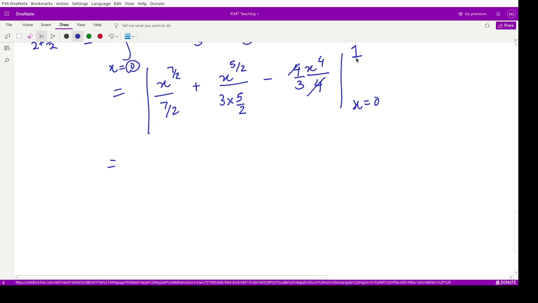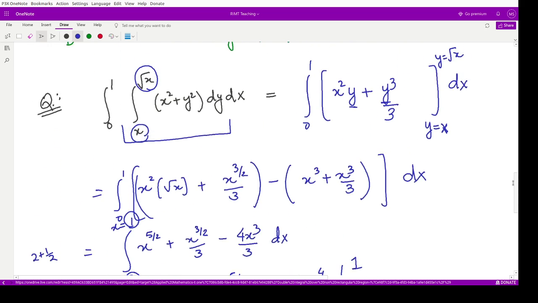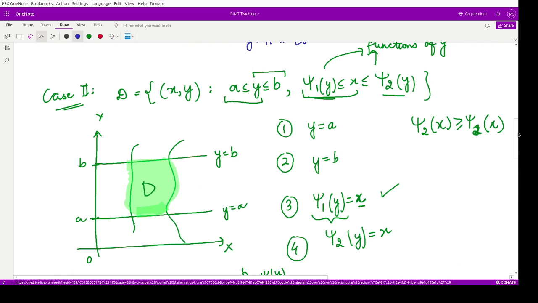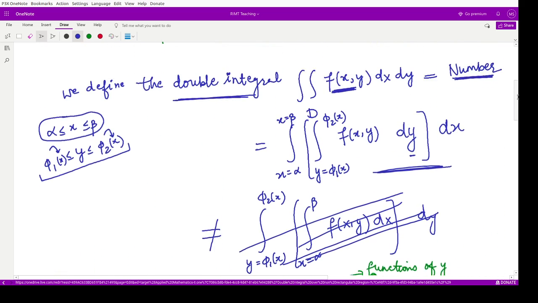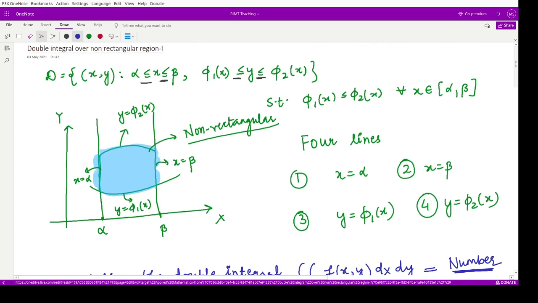When you substitute x is equal to 1, you will have 2 by 7 plus 2 by 15 minus 1 by 3, and when you substitute 0, you have 0. So your final answer would be 3 upon 35. So this is how we define the double integral in case of non-rectangular region.